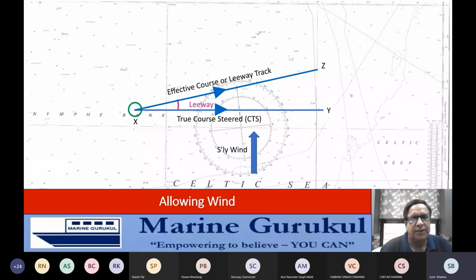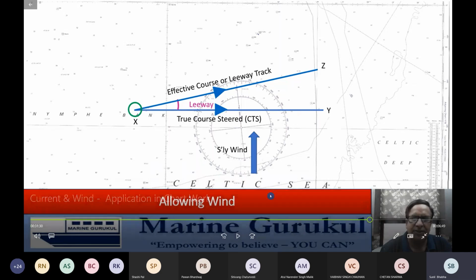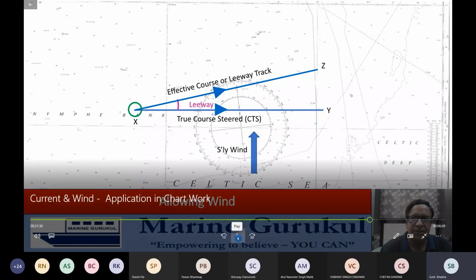That's why the magnitude of the effective course or the leeway track vector remains the same as we had for the course steered vector, that is the engine distance in this particular time. So the direction is found by applying the leeway and the magnitude is the same as the engine distance.